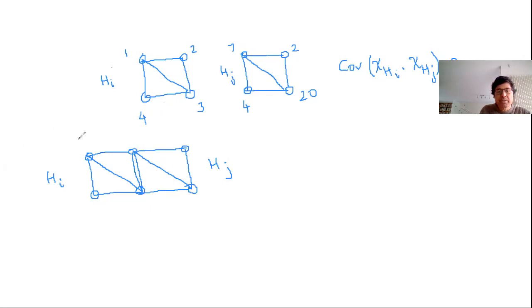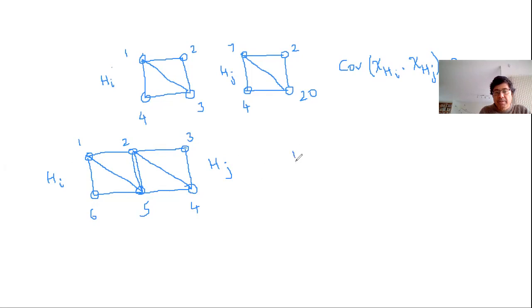So again, let me just number the vertices for convenience. Let's just call these 1, 2, 3, 4, 5, 6. So maybe Hi is sitting on vertices 1, 2, 5, 6 of the complete graph, and Hj is sitting on vertices 2, 3, 4, 5 of the complete graph with this particular pattern.